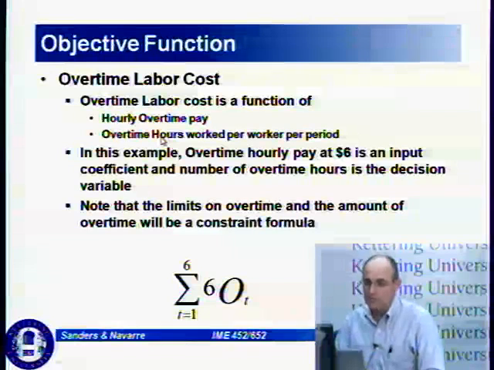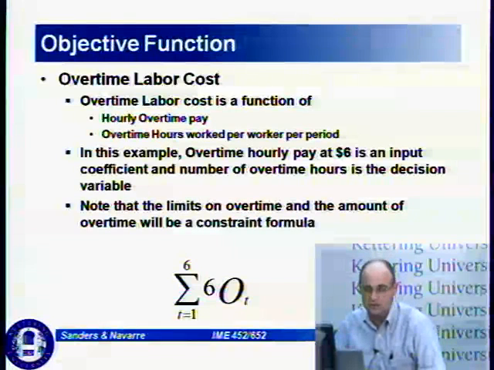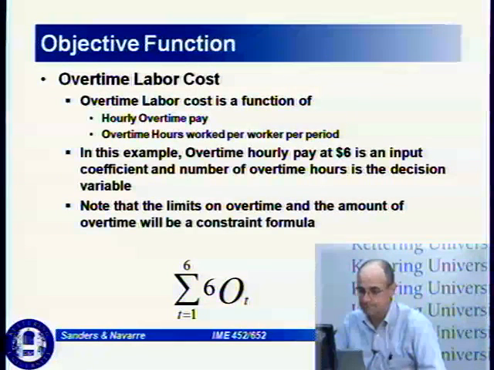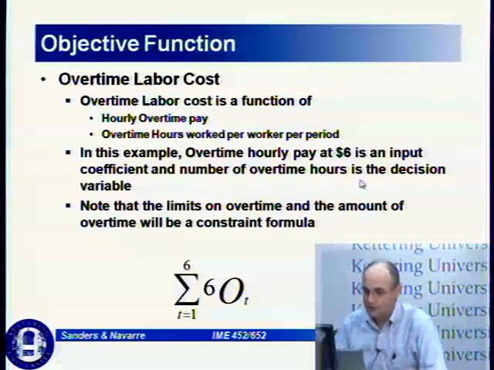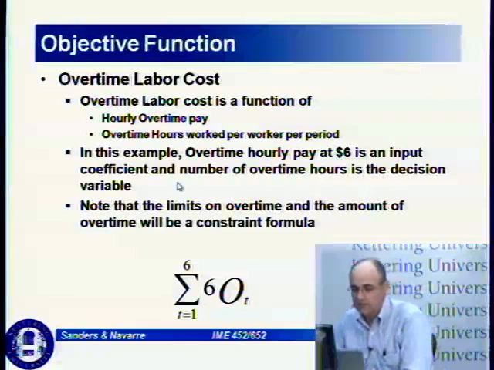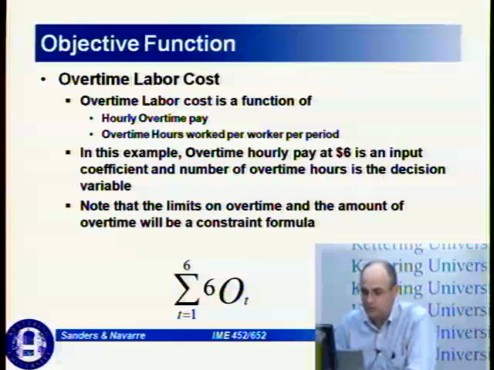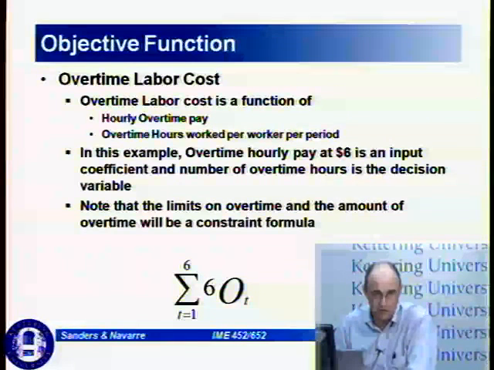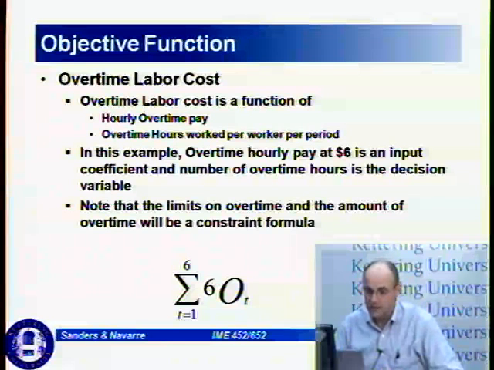Our overtime labor cost is a function of the hourly overtime pay and the overtime hours worked per worker per period. Overtime hourly pay is $6, and that's an input coefficient, and the number of overtime hours worked in the period is a decision variable that we will calculate with the model. Note that the limits of overtime and the amount of overtime will be a constraint formula.